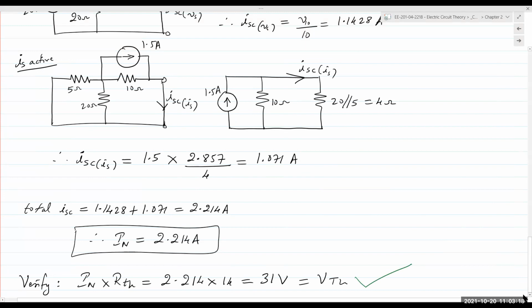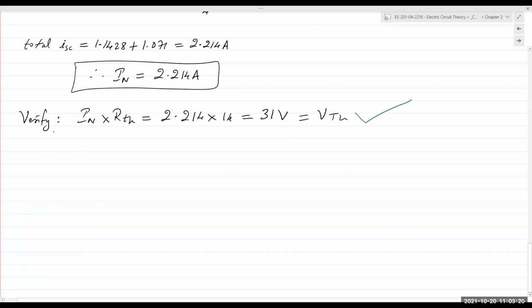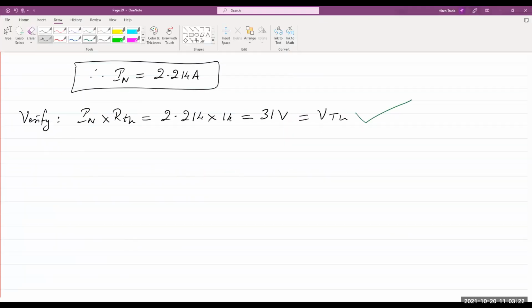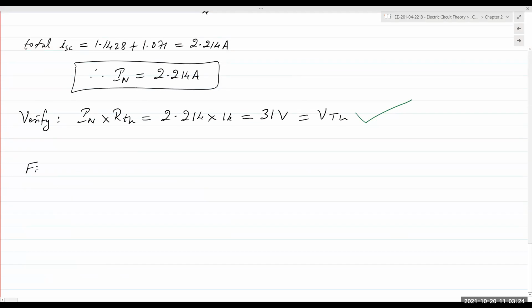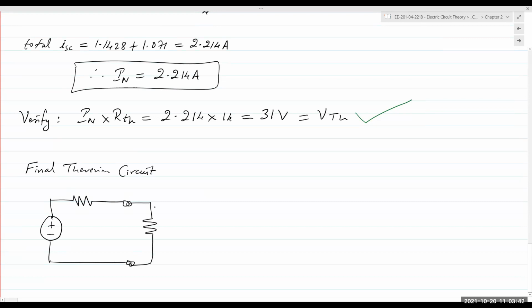And then, of course, the final circuit. RTH is 14 ohms.